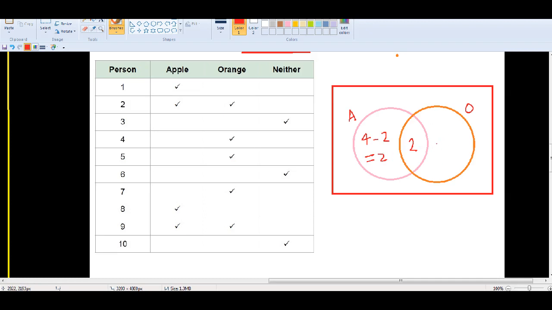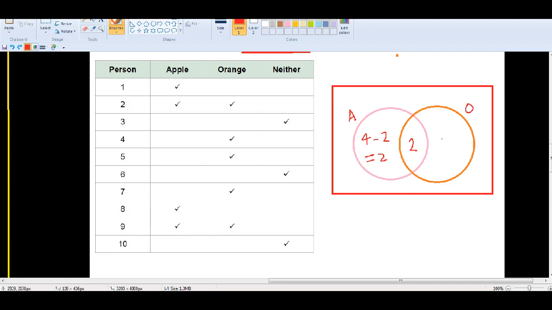For the orange circle, how many of them like orange? There are 1, 2, 3, 4, 5. There are 5 of them. And within these 5 people, there are 2 who like both apple and orange, and they have already been included in the overlapping area, which has 2 people inside.